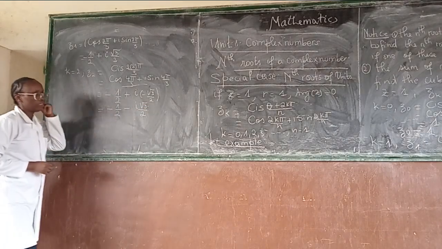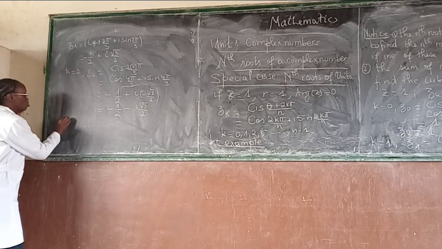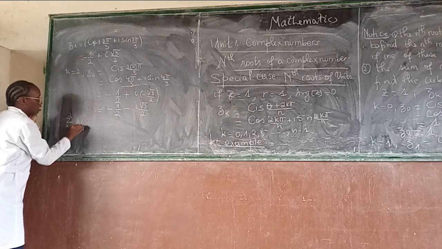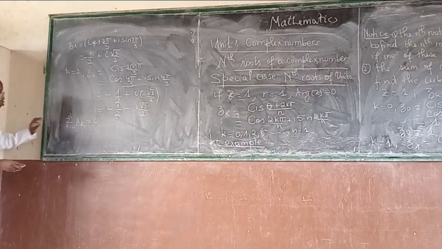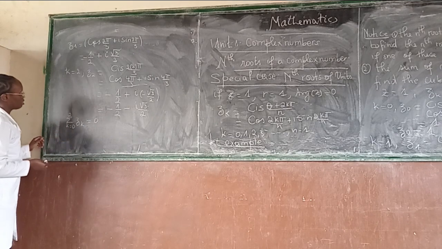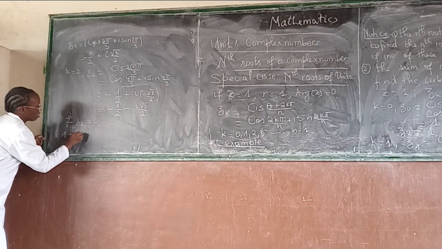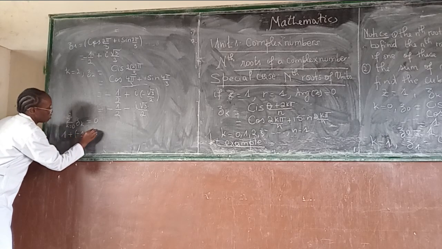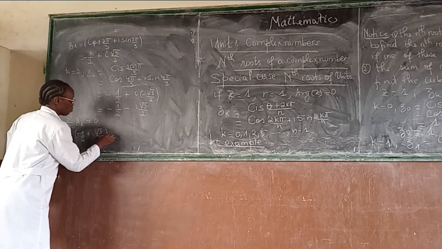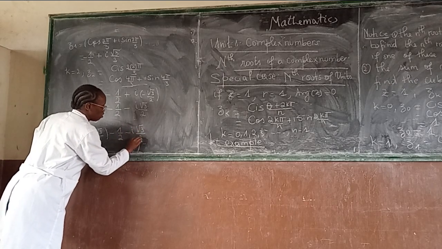And remember, we have said that the sum of the nth roots of unity is equal to 0. So the sum of the z_k must be equal to 0. We have only 3 roots, where k starts from 0. Root 1 is 1. The second root is negative 1 over 2 plus i square root of 3 over 2. The third root is negative 1 over 2 minus i square root of 3 over 2.